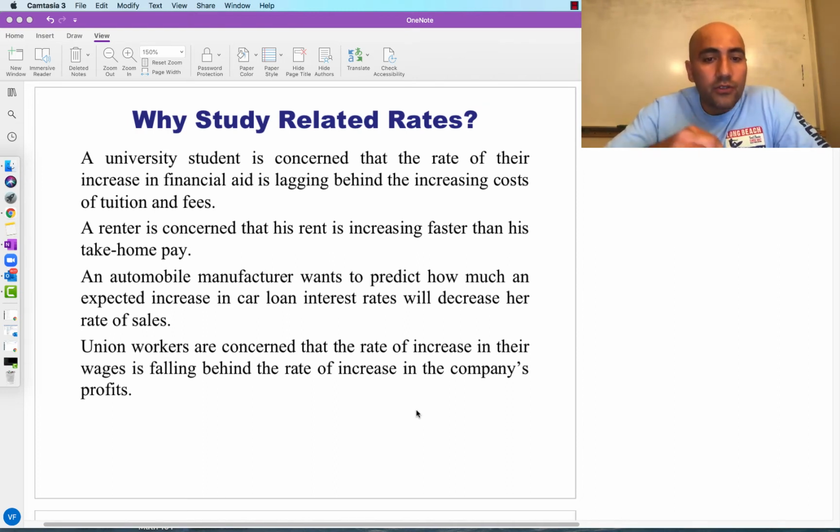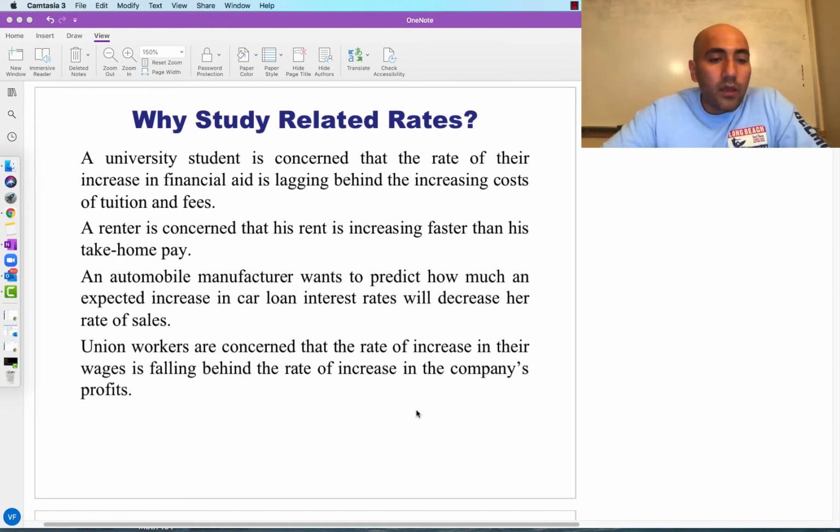So as interest rates increase for car loans, we could expect that the sales will decrease, and we want to study that relationship. In general, it makes sense, but more specifically, let's put some numbers to that. What kind of sales decrease can she expect when interest rates go up by 0.1%? How does that translate directly to the sales?